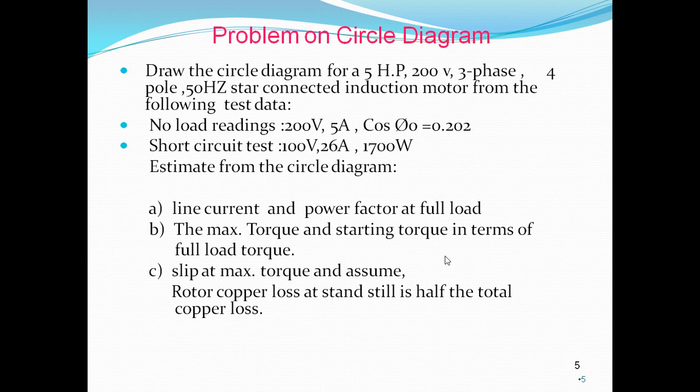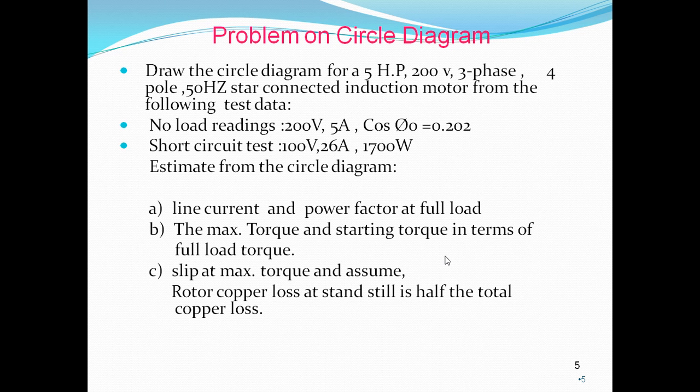So before drawing the circle diagram, we have to note down the values. What are the given values? The motor is 5 HP, the voltage is 200 volts, and star connected.